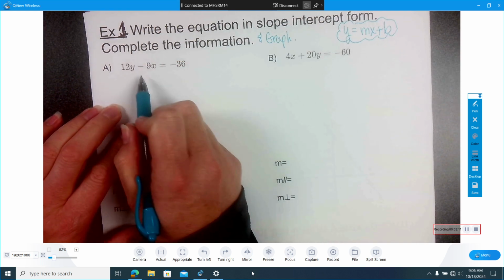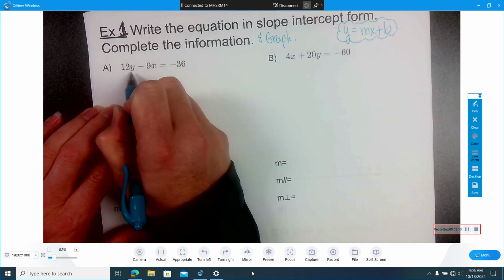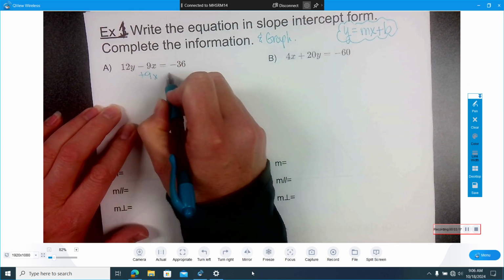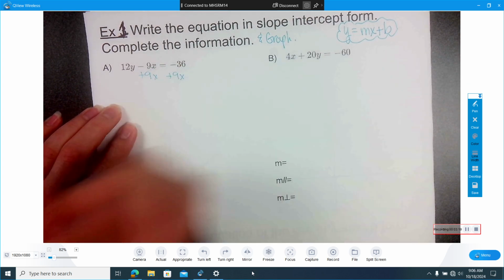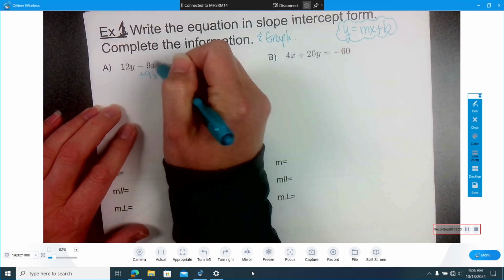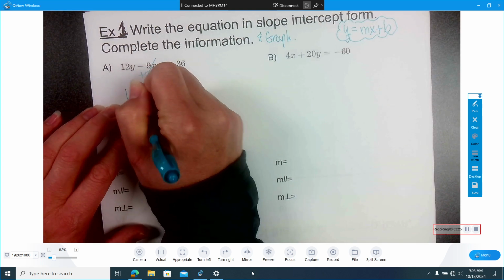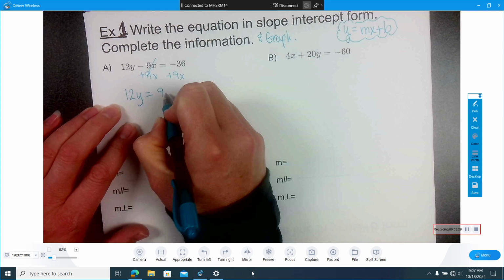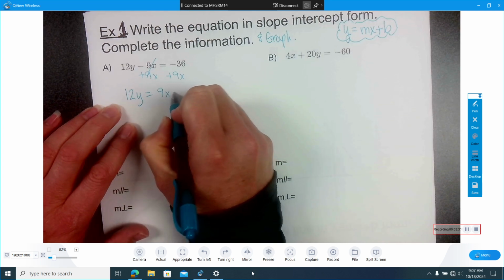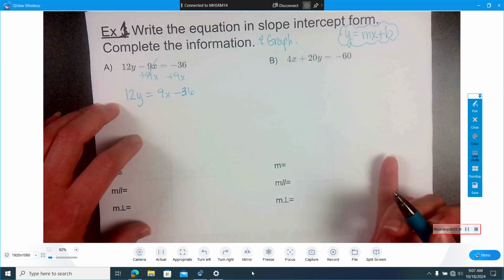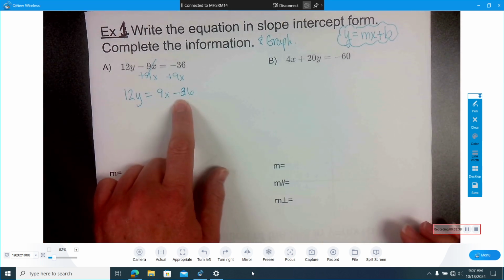We're going to add 9x to both sides of the equal sign. That gives me 12y is equal to 9x, and then a -36.